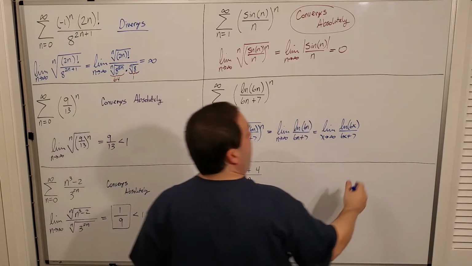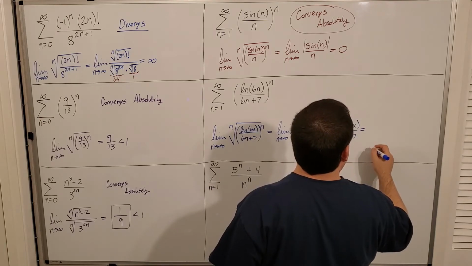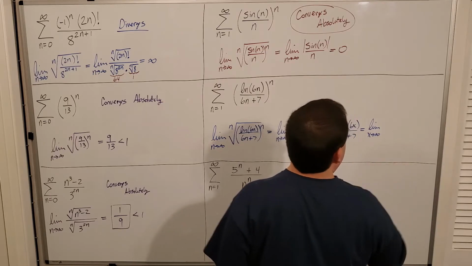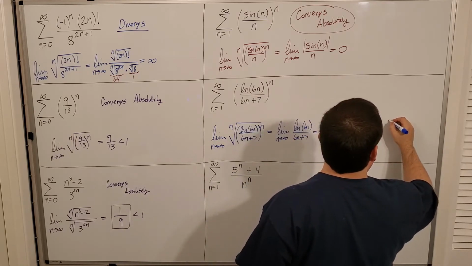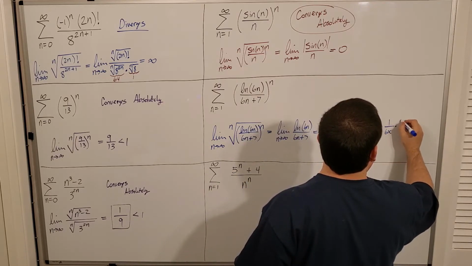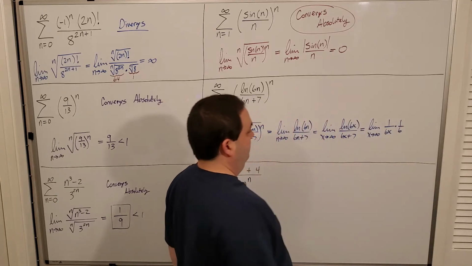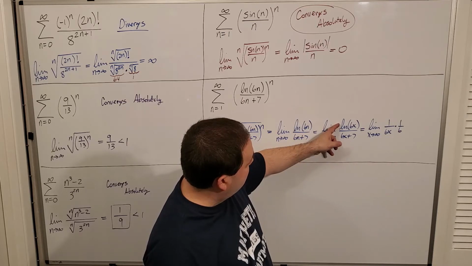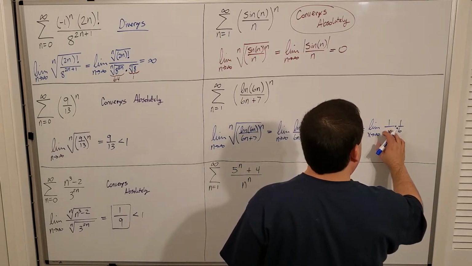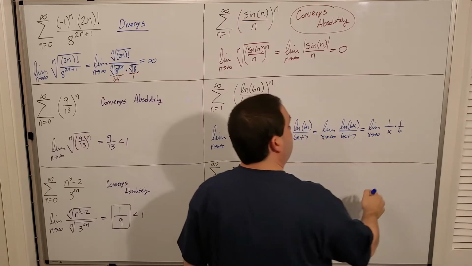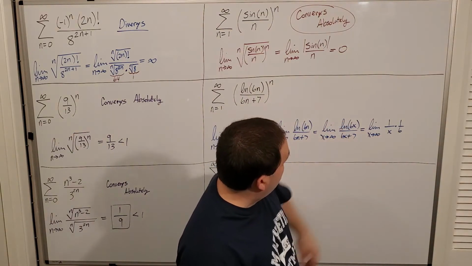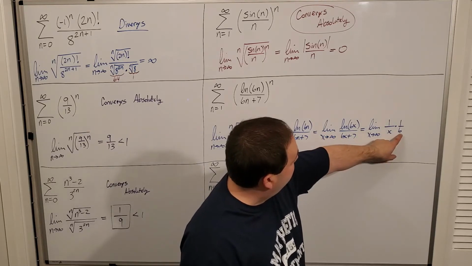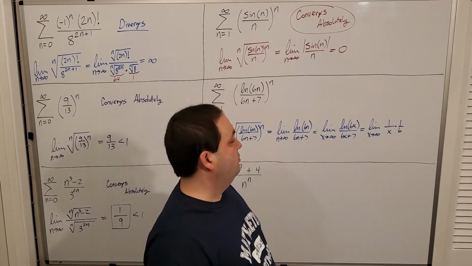The derivative of each leaves me with the limit as x goes to infinity of 1 over 6x times 1 over 6. The 1 over 6 comes from here, and then the derivative of the ln 6x, whoops, it's 6 over 6x. The derivative of the ln of 6x is 1 over x. And then the 1 over 6 comes from the denominator. That's that part of L'Hopital's rule.